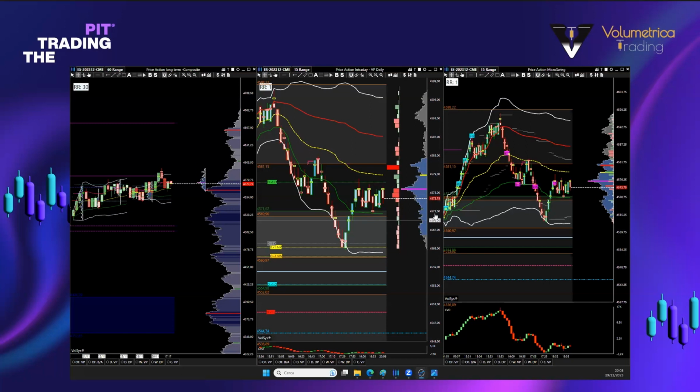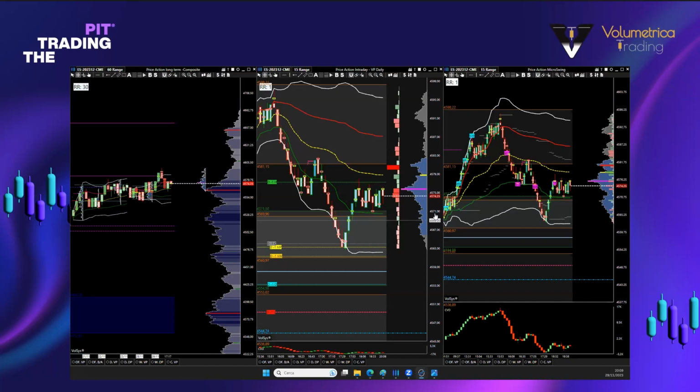But normally, when it comes to futures, every time we see an iceberg, we can be quite sure that the order is driven by a large trader, either an institutional trader or a fund, let's say a professional trader.